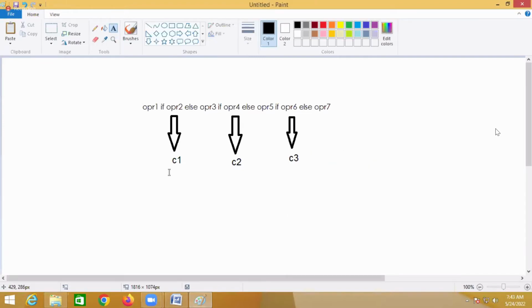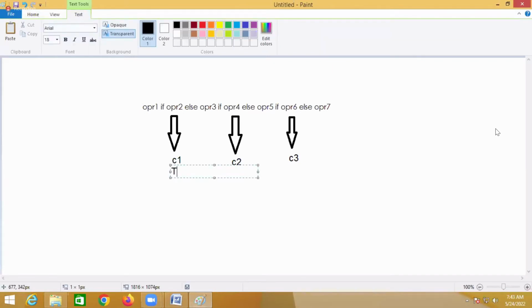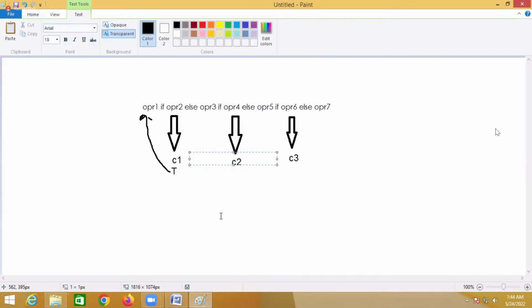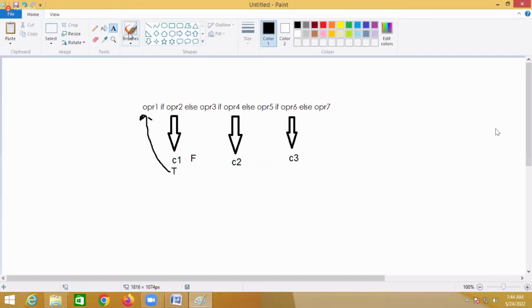Suppose condition 1 is true. It executes what? Operand 1. Suppose condition 1 is false, it will try to check the second condition, that is condition 2.